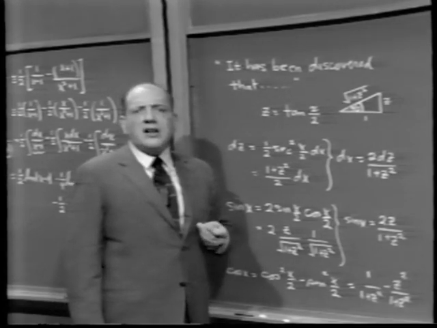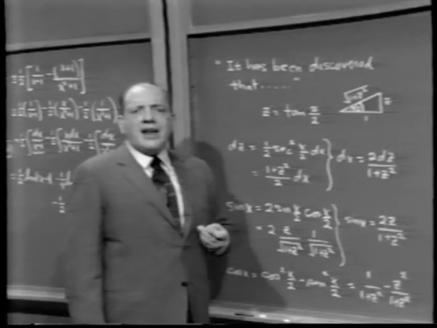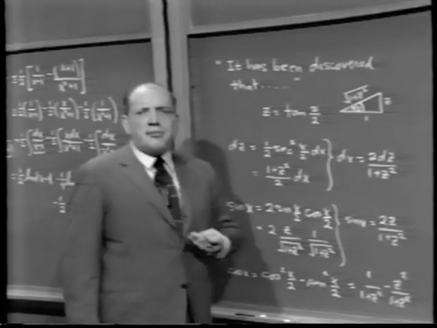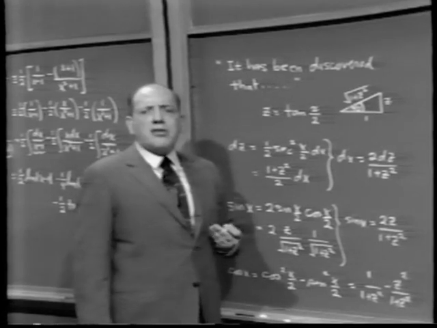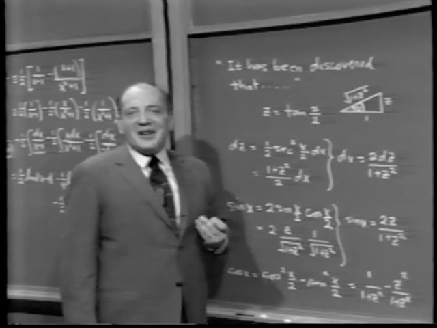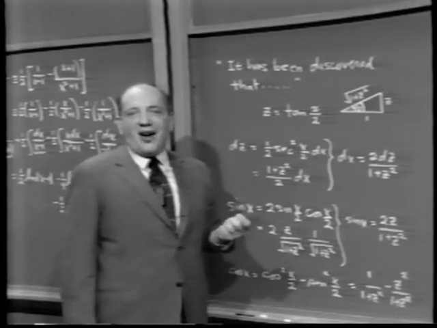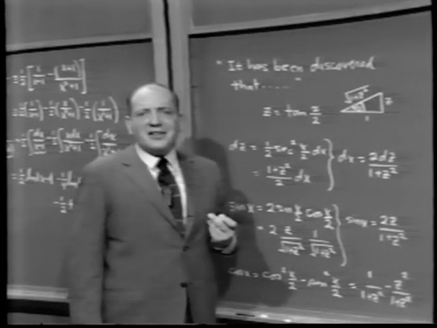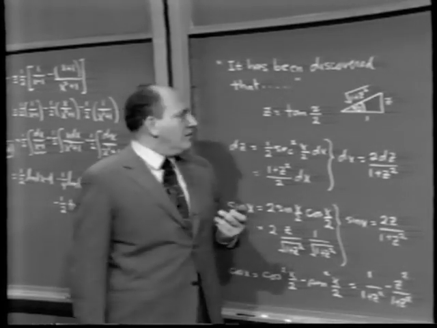Sometimes we're successful, sometimes we're not. In the cases where we're not successful, somebody, either by clever intuition or what have you, maybe it's just blind luck, stumbles across a technique that happens to work. And I sort of liked this particular example in the text where the author says "it has been discovered that." Because to me, it's not at all self-evident, and yet it's a rather pretty result.